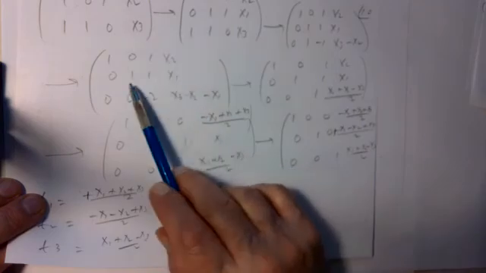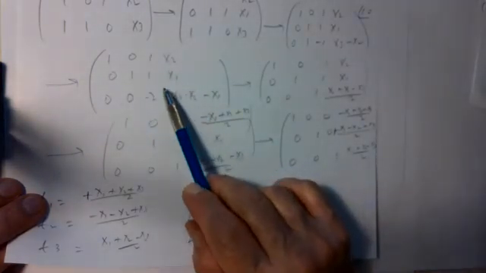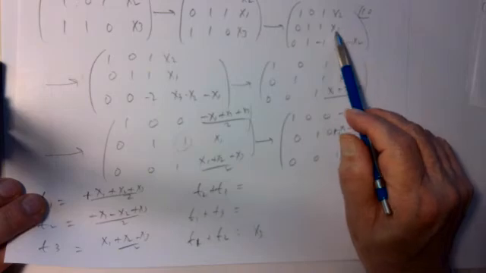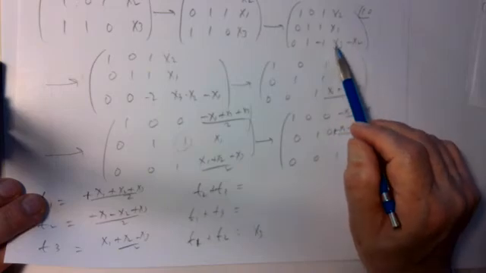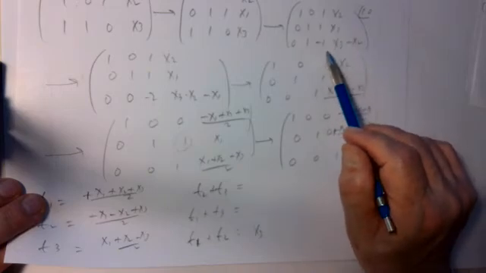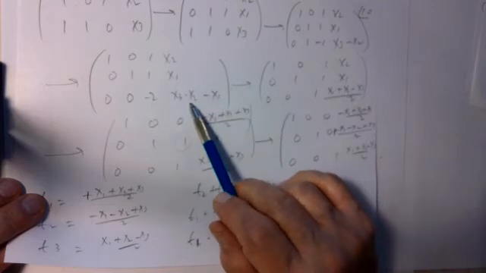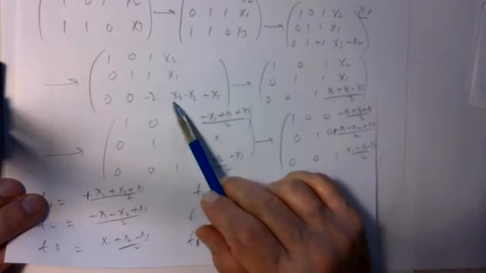Now I'm going to subtract the second row from the third. So I get 0, 0, minus 2, minus x1, minus x2, plus x3.